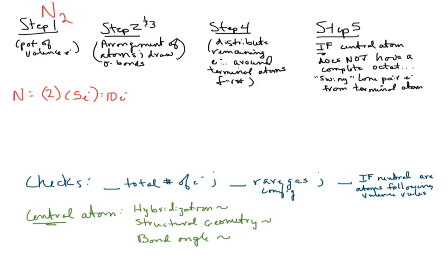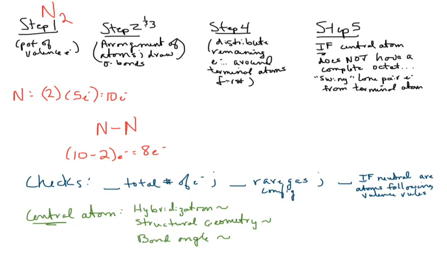The next step we said was to draw the preliminary structure with, in this case, just 1 sigma bond between the 2 nitrogen atoms. So the next box has nitrogen, sigma bond, nitrogen. In that box, or in the next box if you want, if we take the pot of electrons, which was 10, and subtract the number of electrons we've used, we have 8 electrons to distribute around the terminal nitrogen.